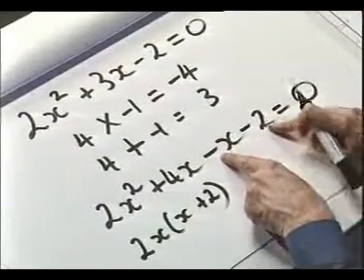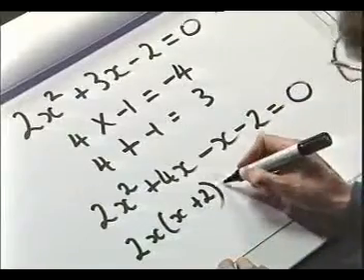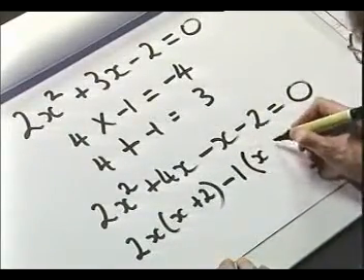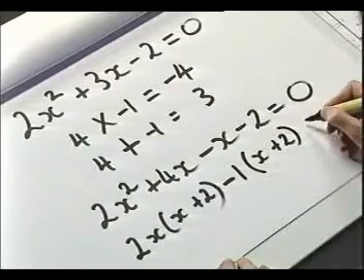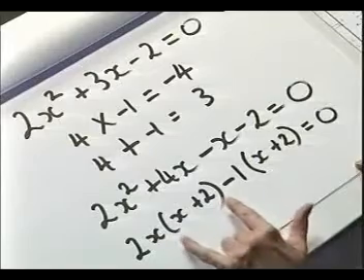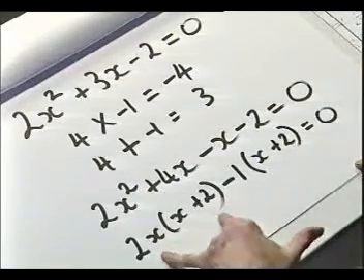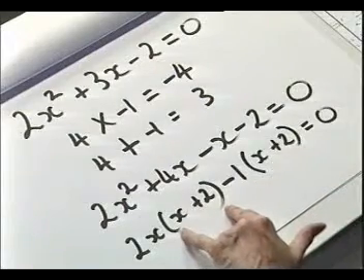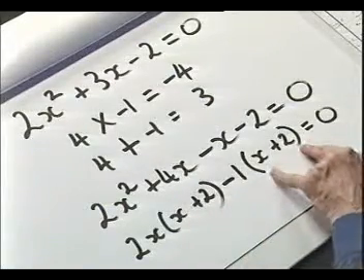And now we want a common factor here, and that will be minus 1 times x plus 2 equals 0. Again, we've two lumps of algebra here, and in each one there's a factor of x plus 2.